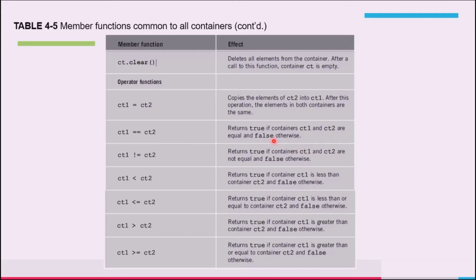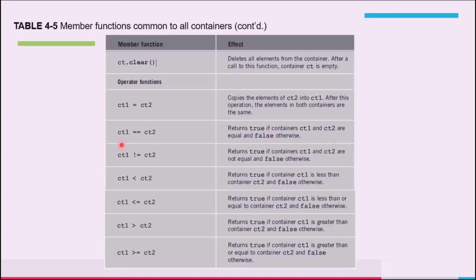You could also perform something like city.clear, which deletes all the elements from the container. After a call to this function, container city is empty. Other operators can also be used. Something like city1 = city2 copies the elements of city2 into city1. After this operation, the elements in both containers are the same.